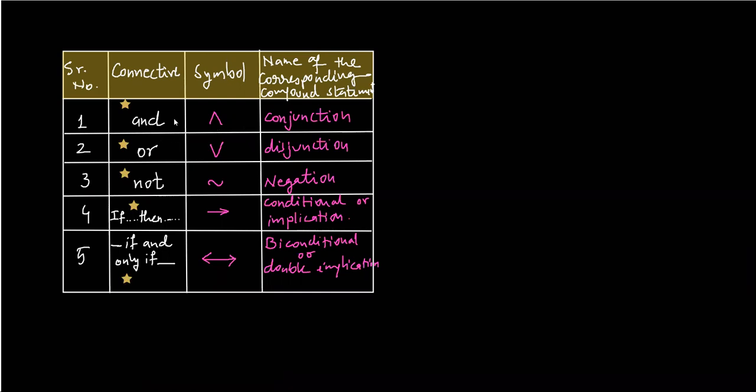When you use this logical connective, you use this symbol, and the resulting compound statement that you get, you will call it a conjunction. What does it mean?